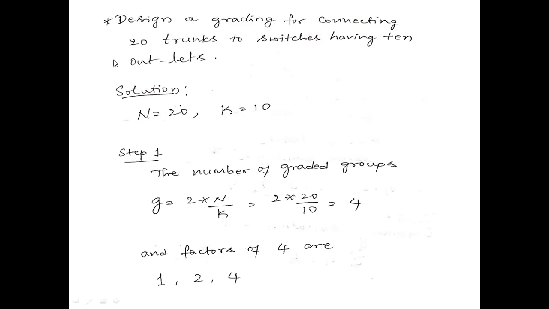It says: design a grading for connecting 20 trunks to switches having 10 outlets. A first example problem in designing a progressive grading is given here. You have been asked to design a grading of 20 trunks.